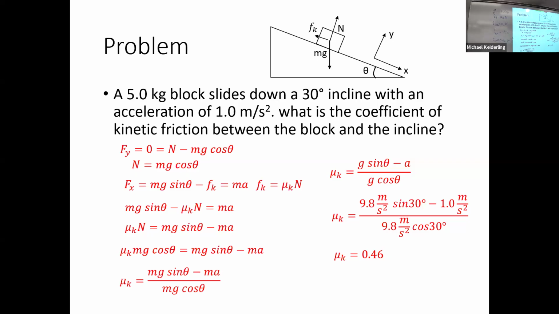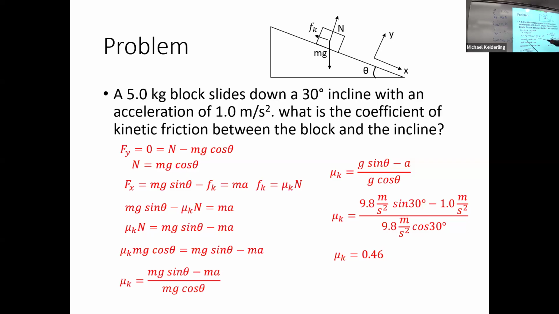So we'll do both of those. The normal force is the easier one to find because the force in the y direction equals 0. The normal force equals mg cosine theta, because the component of mg in the y direction is going to be cosine theta.